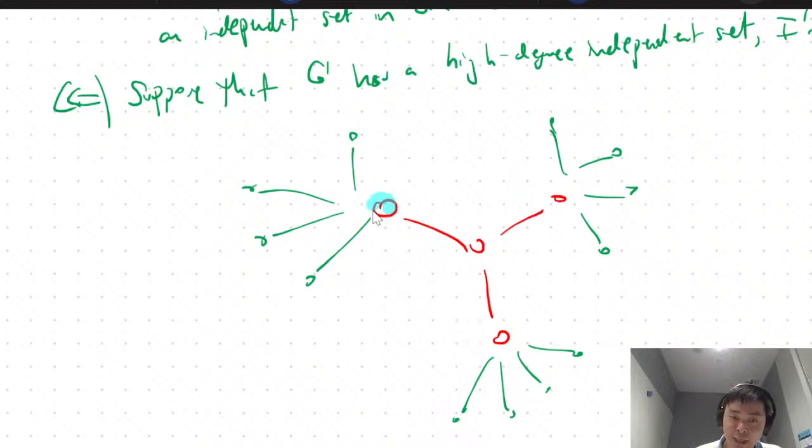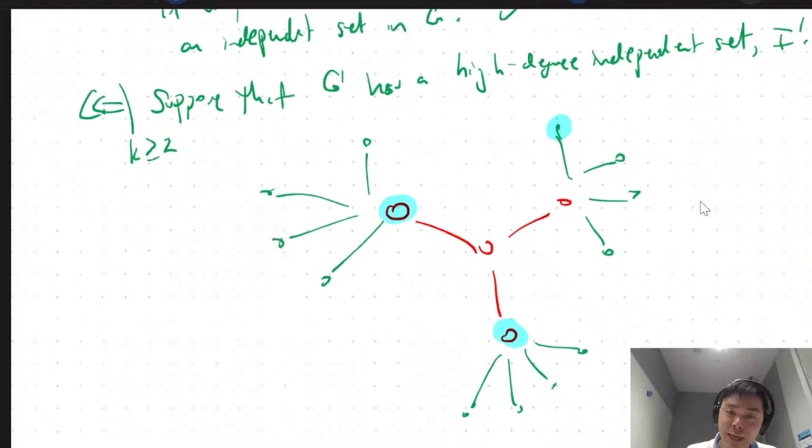Because if I had something like this vertex and this vertex, why is this not a valid high degree independent set? So why does my high degree independent set need to come from the red vertices? And here we're going to assume k is at least 2, since if k is 1 it's trivial. So why is it the case that I cannot pick a green vertex?